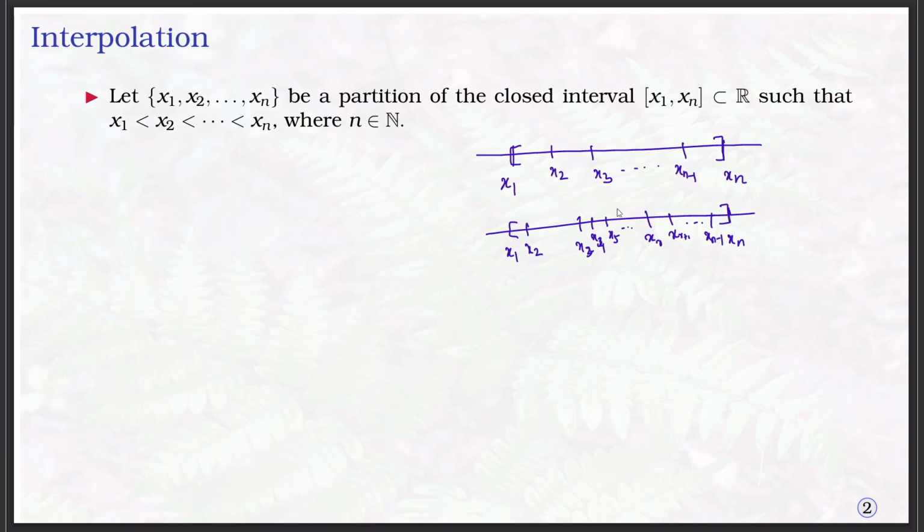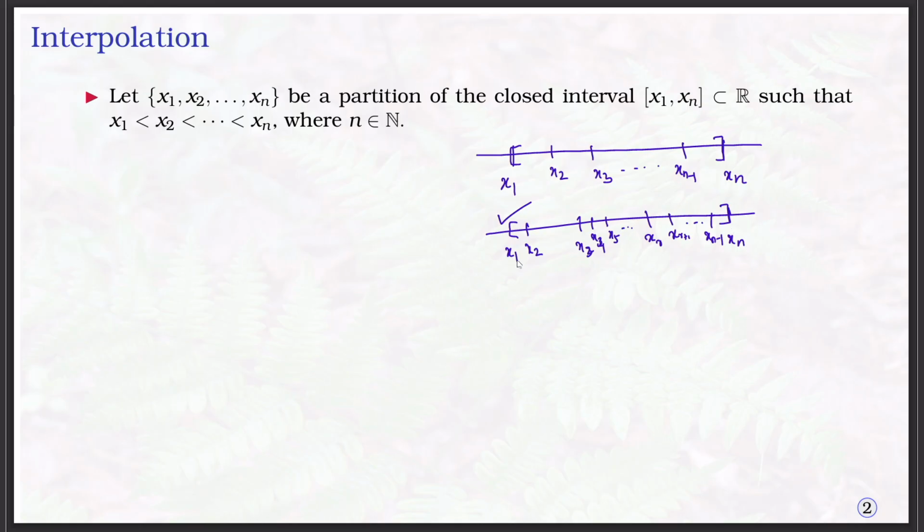The difference is that in the first partition these points divide the interval equally, whereas in this partition the points divide the interval in an unequal manner, that means the partitions are not equal partitions.